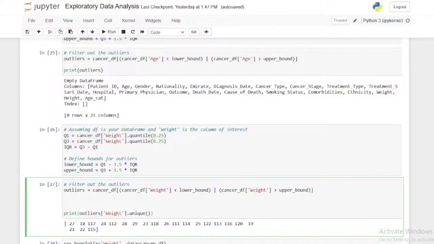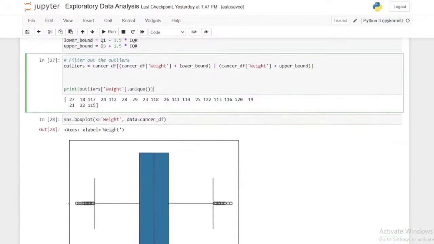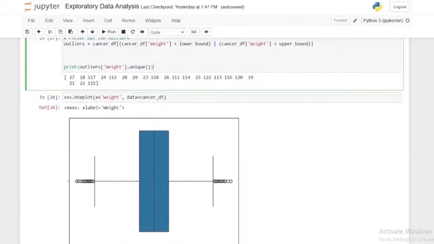But I'm just trying to give you an understanding of why in medical data you don't just go ahead and drop rows of data when analyzing. You need to ensure that you've done proper findings and ensure that these data are actually outliers before you go ahead and drop them. The next thing I did was to create a visualization of this column so that we can see our outliers.